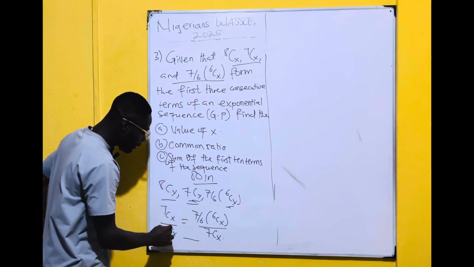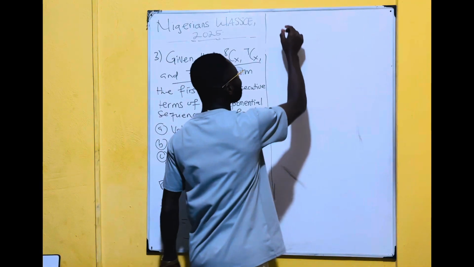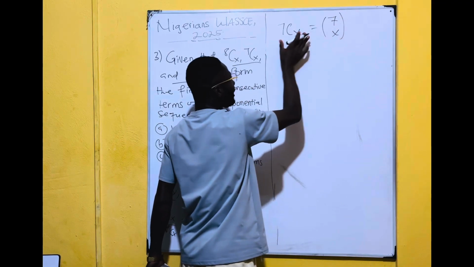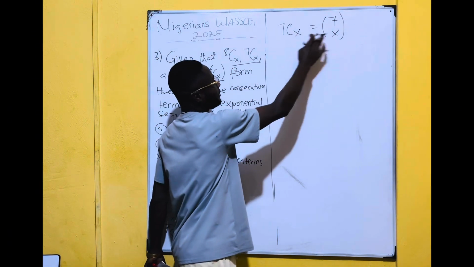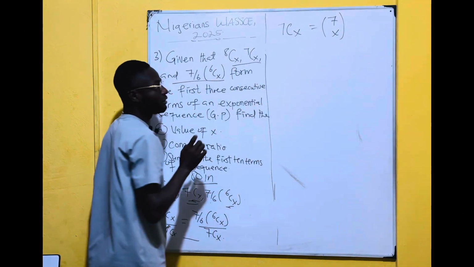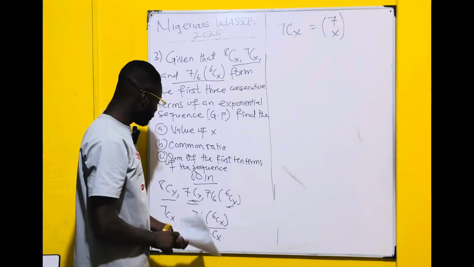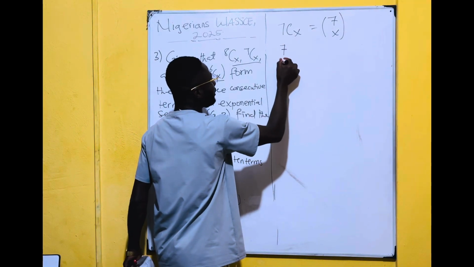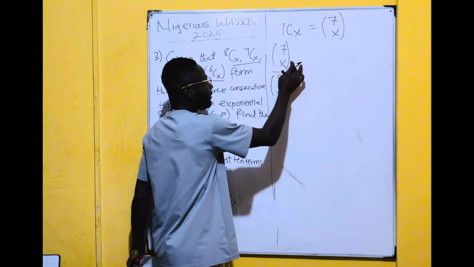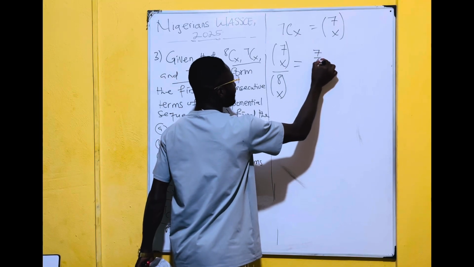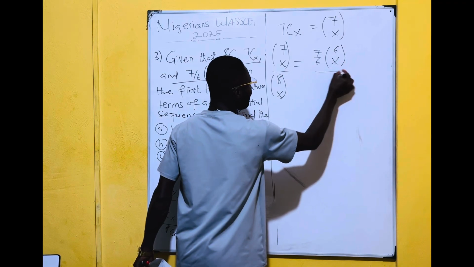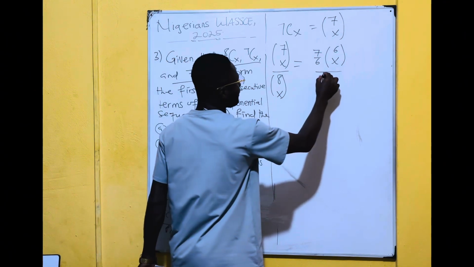Now, remember that you can write 7 combination x in this form, okay? We are going to use this notation instead so that we can deal with the problem. So we have 7x divided by 8x, and that is equal to 7 over 6 into bracket 6x divided by 7x.